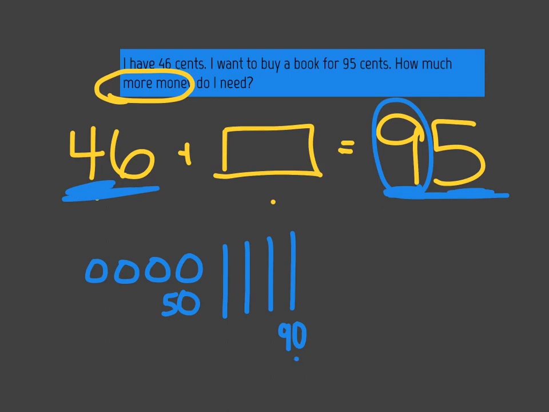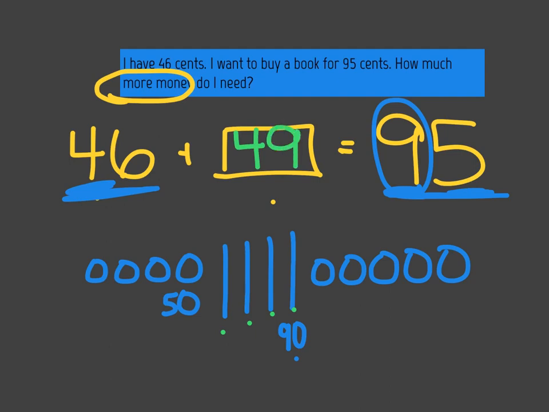So I'm at 90, 91, 92, 93, 94, 95. Now I count. I always start counting using my tens first. So here we go. 10, 20, 30, 40, 41, 42, 43, 44, 45, 46, 47, 48, 49. I got 49 as my answer.